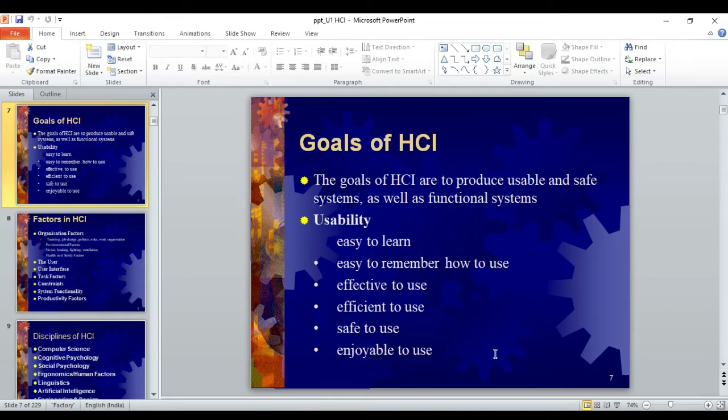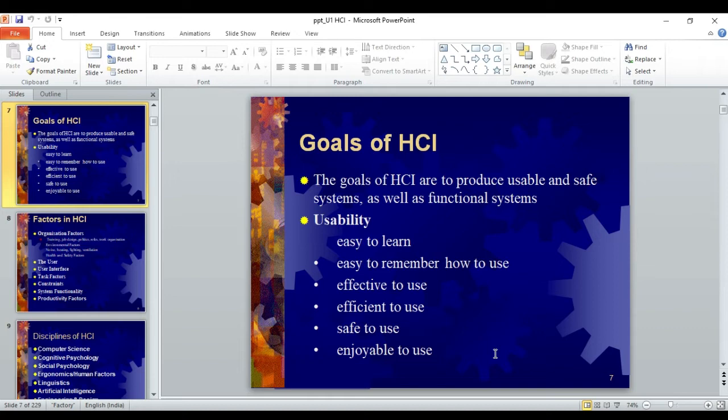There are several goals we need to achieve during the design of the HCI process. The goals of HCI are to produce usable and safe systems. Usability plays a main role when designing HCI systems, and we also have to concentrate on the functionality of the system.